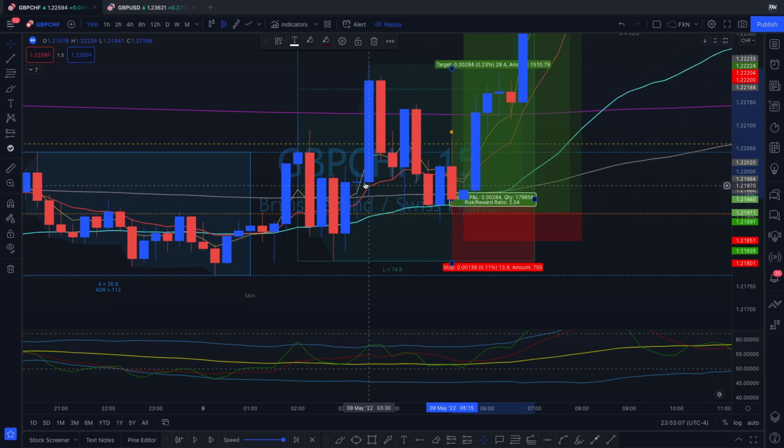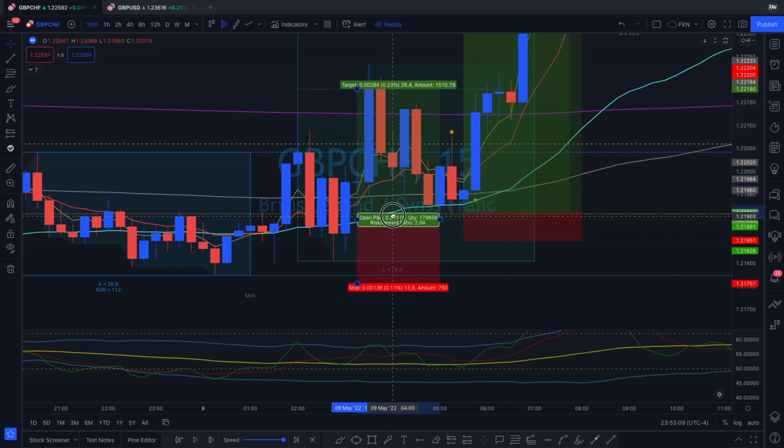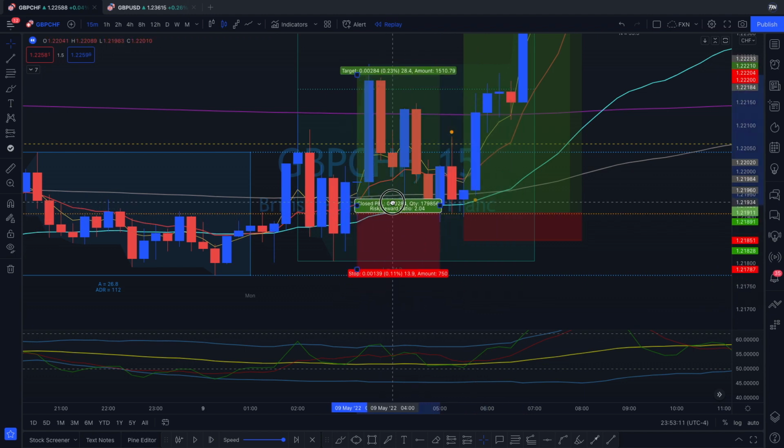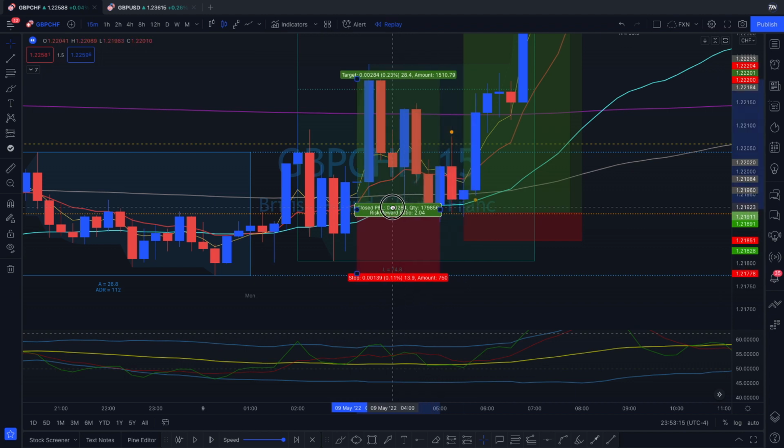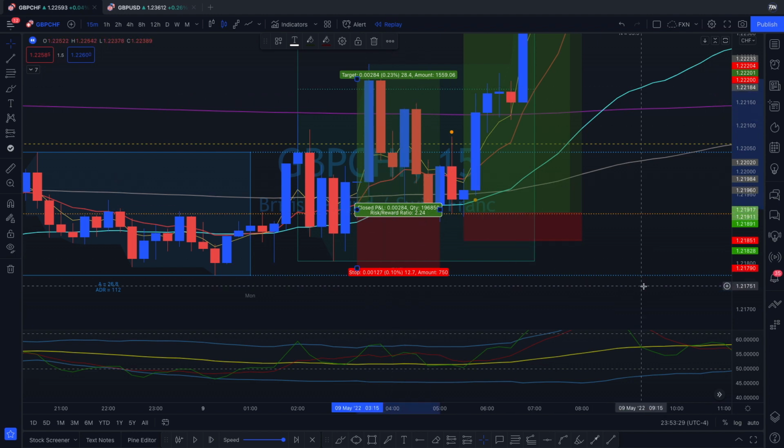Essentially right here, this candle provided a very nice pullback. So anywhere in this pullback here, you could get into the trade on a buy. You can see that we're only risking about 12 and a half to 13 pips on this trade. And as you can see, we get over a 2-to-1 risk to reward ratio in literally 1 candle, and it's done and over with in 45 minutes.